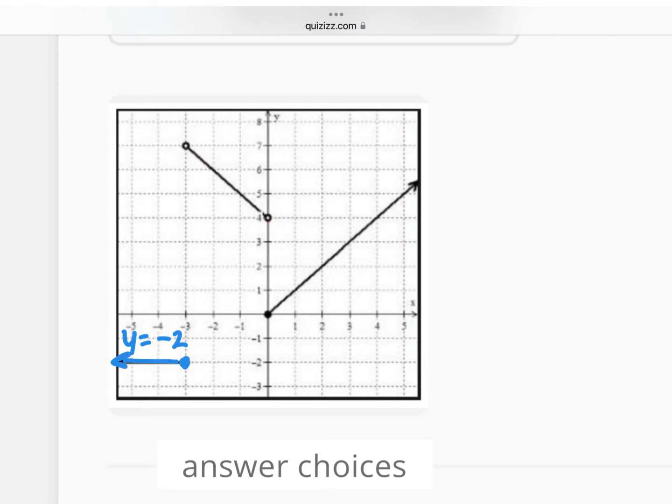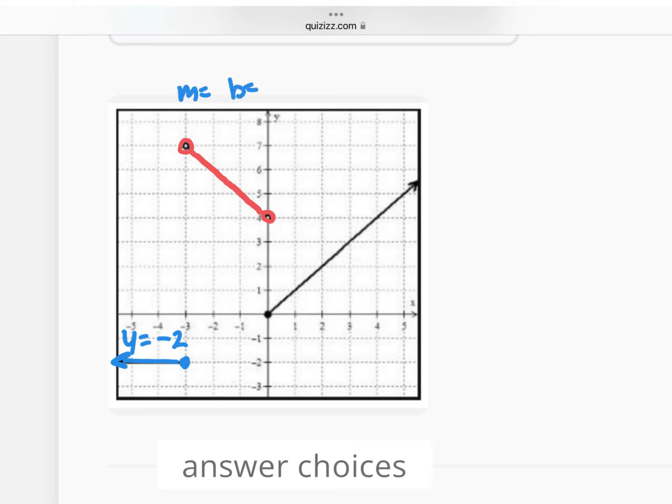This next line, in order for us to write a line, we need an m value and a b value, okay? So it's an open dot, and it's going down this way from left to right. It's going down. It's another open dot. And as you can see, the slope on this line, because in order to write an equation, you need an m value and a b value.